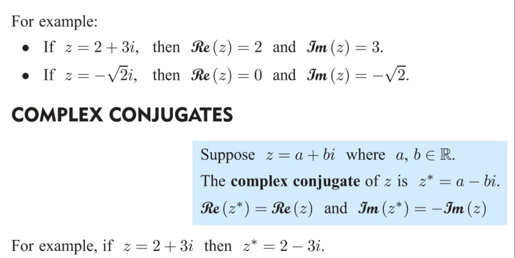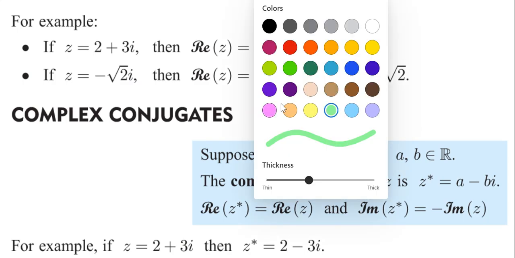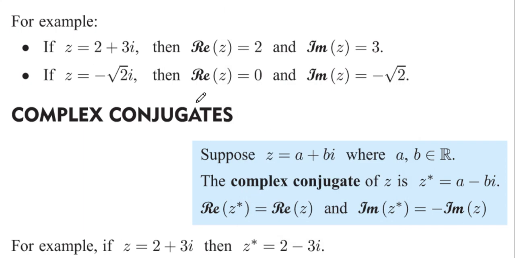This concept is really very small, so let's quickly get through this. For example, z equals 2 plus 3i. So this is the format that we looked at. It simply says z equals a plus bi, where a is 2, b is 3, and i is iota, of course.